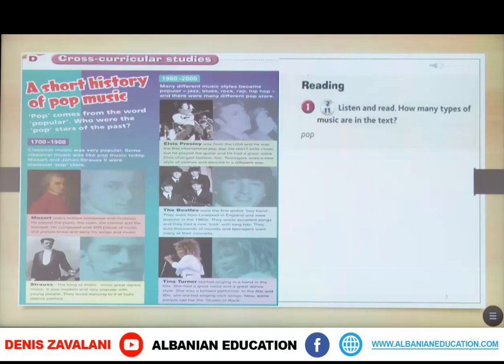Mozart was a brilliant composer and musician. He played the piano, the violin, the clarinet, and the trumpet. He composed over 600 pieces of music, and people knew and sang his songs and music. Strauss, the king of waltz, wrote great dance music. It was modern and very popular with young people. They loved dancing to it at balls, dance parties.